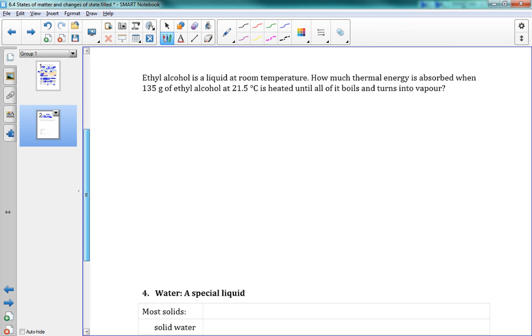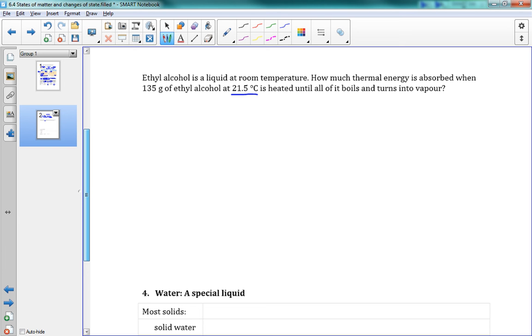Okay, next one here. Ethyl alcohol is a liquid at room temperature. How much thermal energy is absorbed when 135 grams of ethyl alcohol at 21.5 Celsius is heated until all of it boils and turns into vapor? This is interesting. We've got ethyl alcohol at this temperature, and that's not its boiling point.